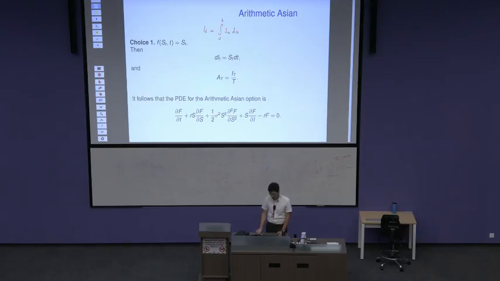You see already what I need to do at maturity: I need to divide by capital T in order to get the average value. In other words, IT being the integral, dIT is just St dt.